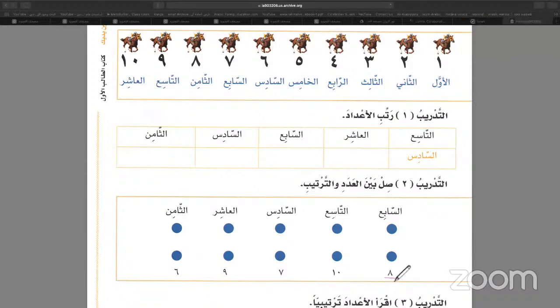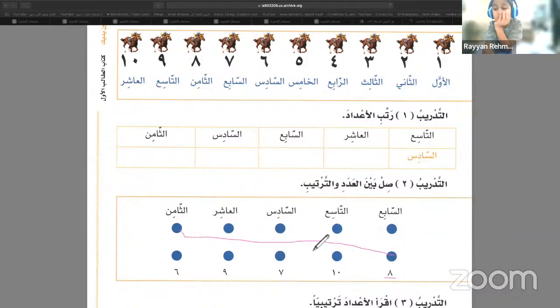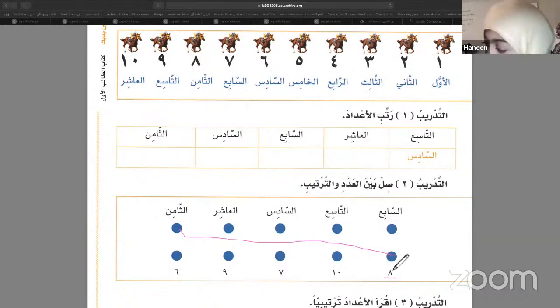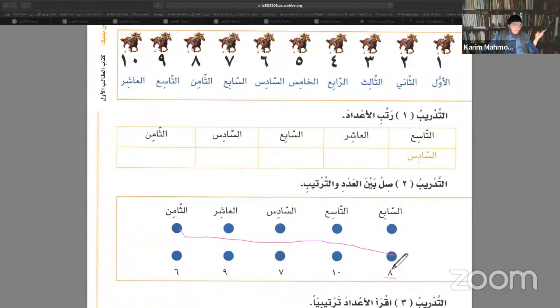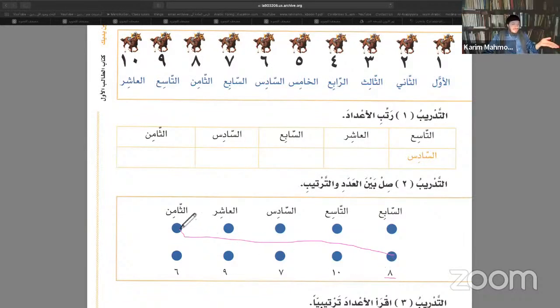Now, what about the ranking of the number? Athamin. You understand? Thamania is the number. What about the ranking? Athamin.